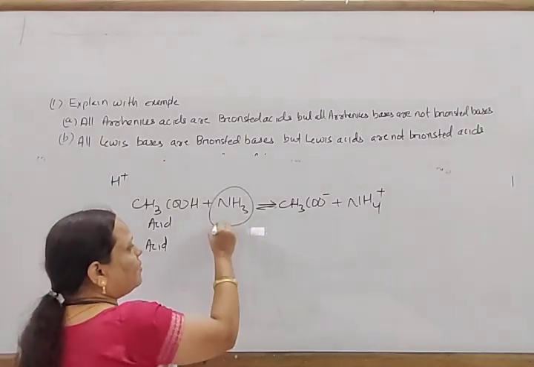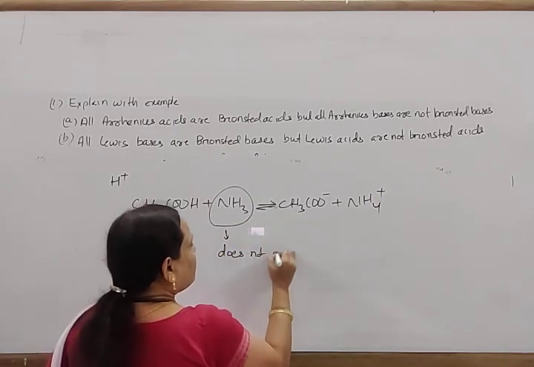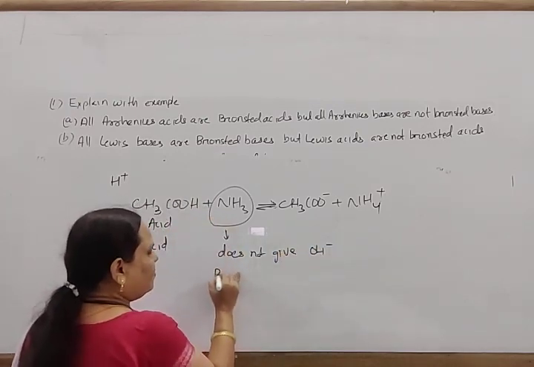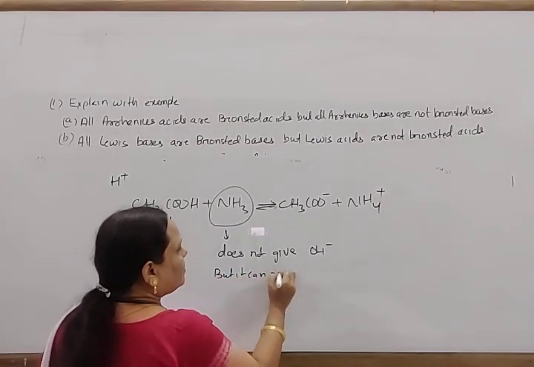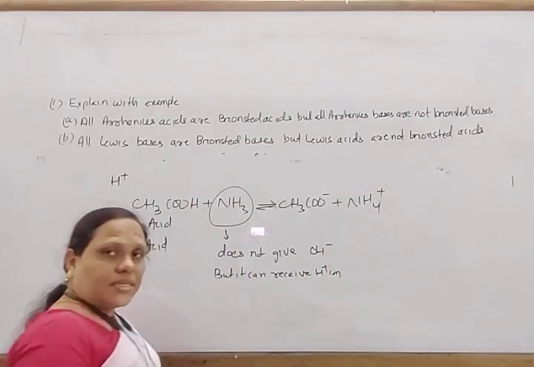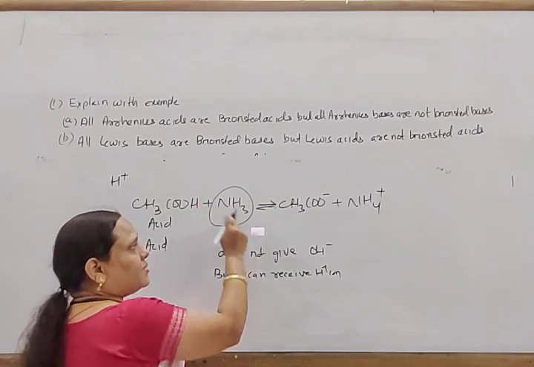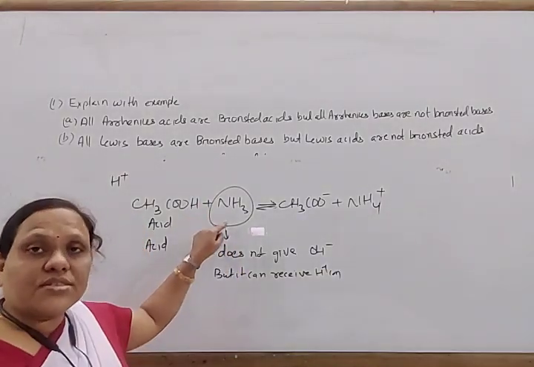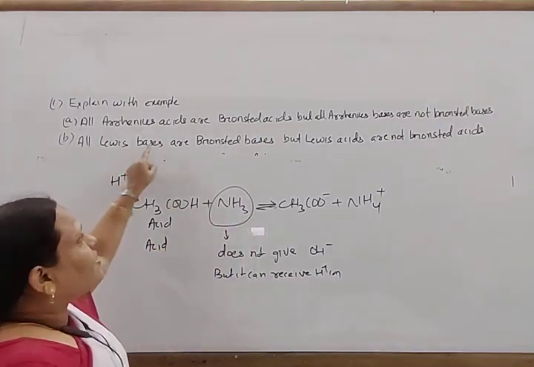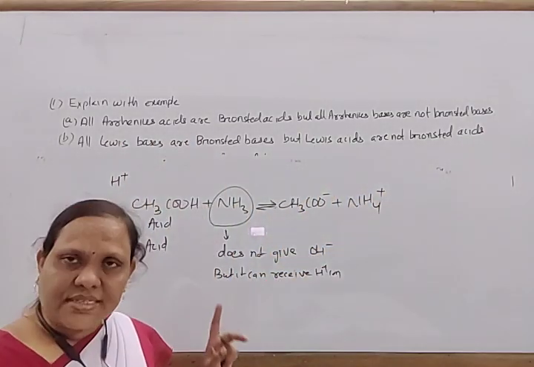But here ammonia does not give OH minus ion, but it can receive H plus ion. So any species which receives H plus ion is known as base. So this is a base according to the Bronsted concept, but not according to the Arrhenius concept. Hence, all Arrhenius acids are Bronsted acids, but all Arrhenius bases are not Bronsted bases.